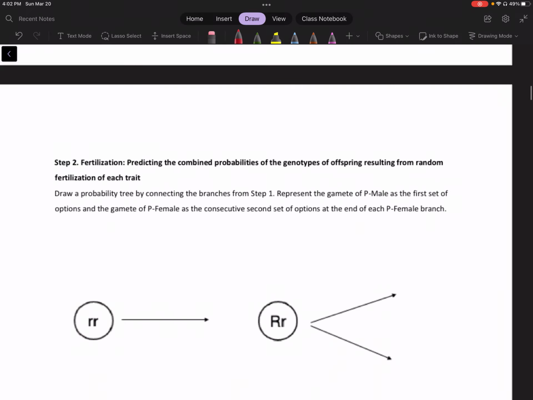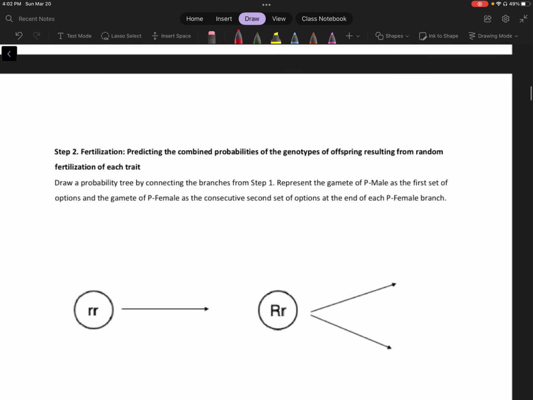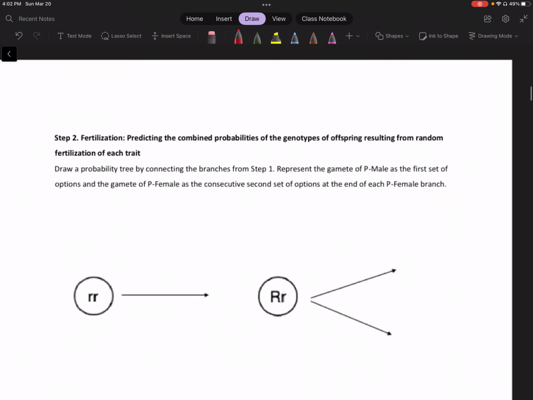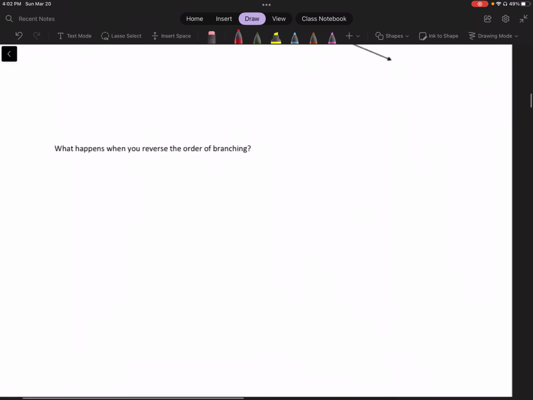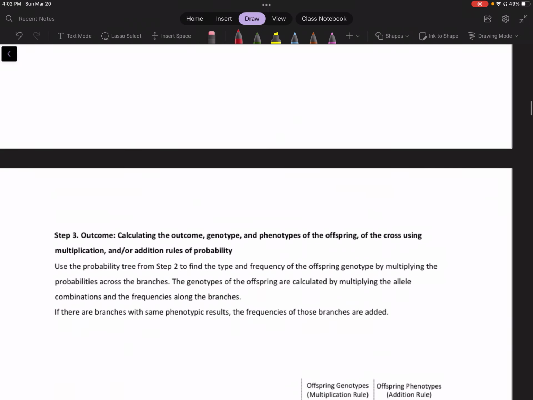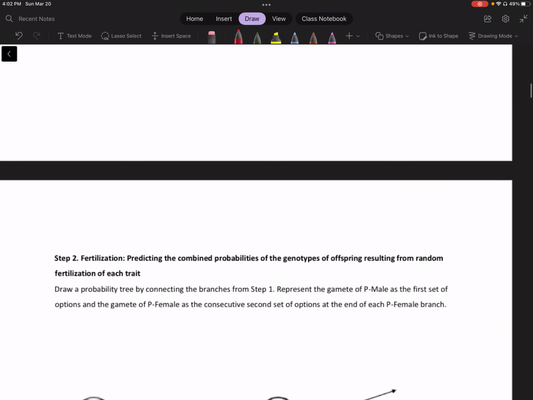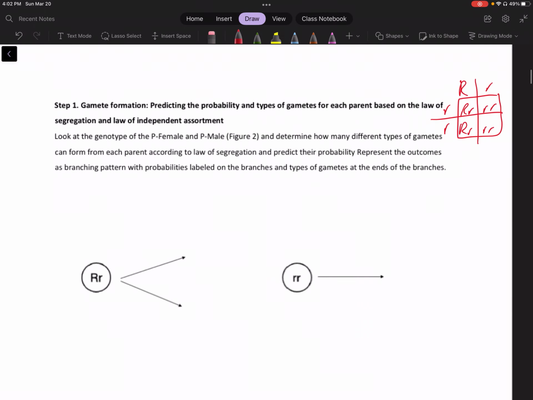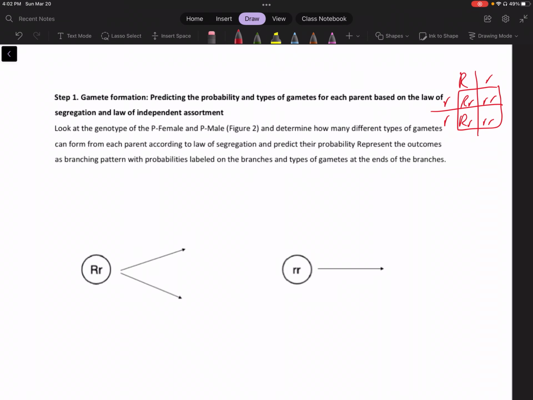So as we look, we're going to have step 2 here, then we're going to have step 3. The first thing I want to talk about is this law of segregation.